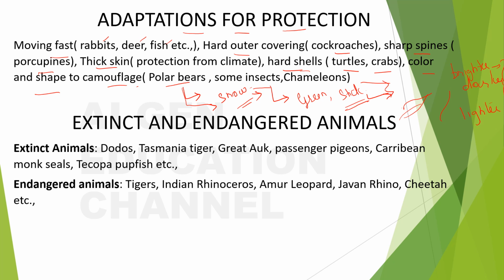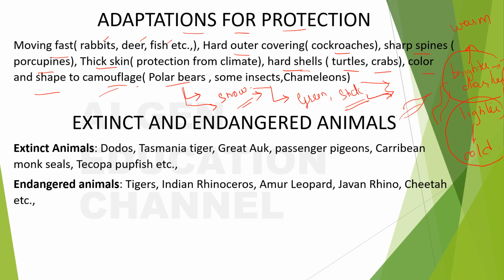This, truly speaking, is to keep themselves either warm or cold, okay? If they have to warm up, they become darker. If they want to become a bit colder, they become lighter. And this also helps in blending into the environment, okay? So all these blending things are called camouflaging, okay?